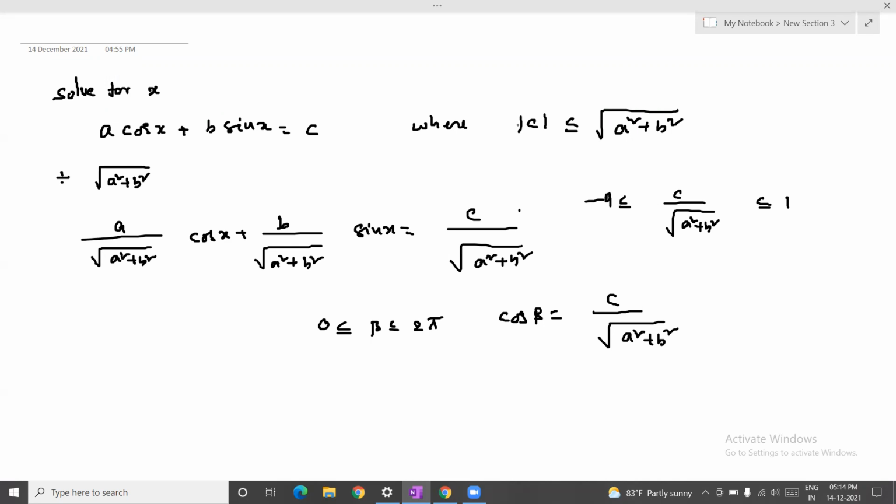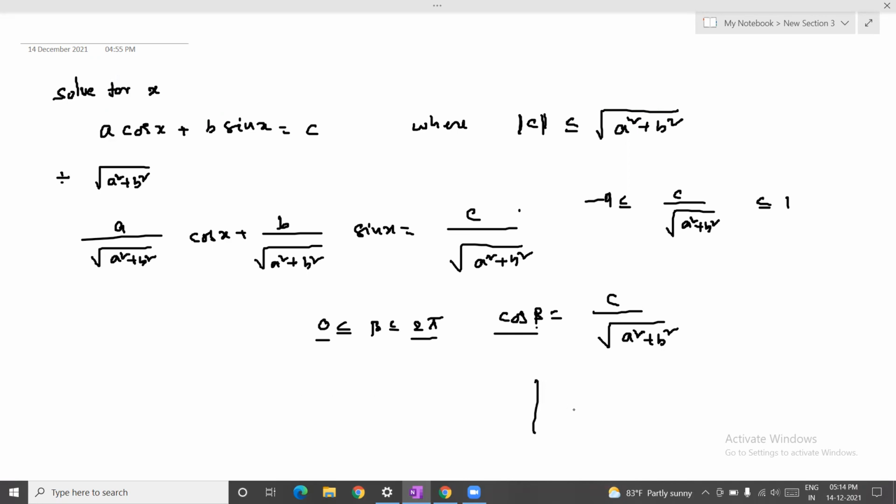Because I am taking mod C here. So there exists some value such that cos beta is equal to C by root of A square plus B square, where beta is lying between 0 and 360 degrees. There exists some value for this number.